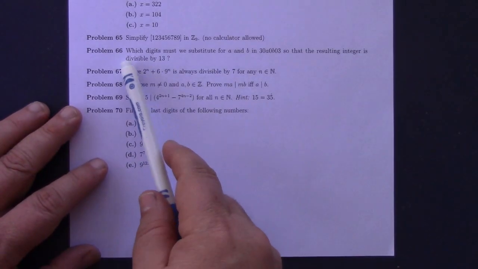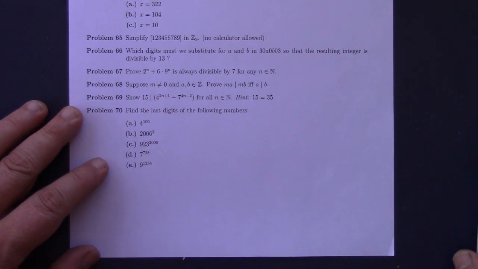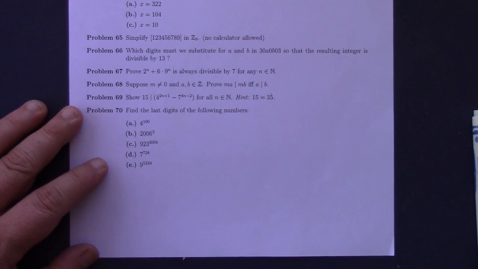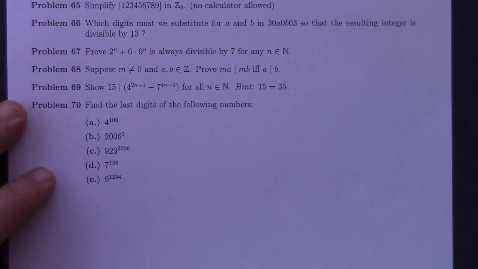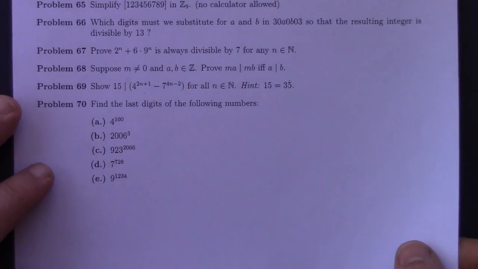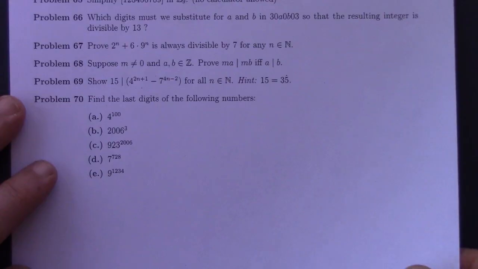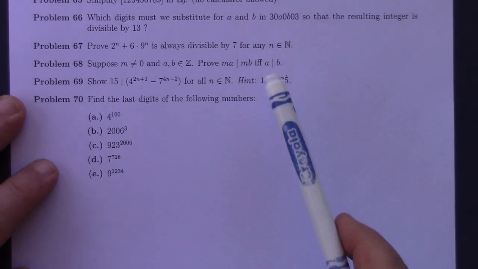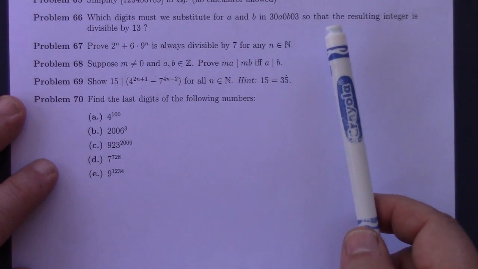Problem 66, I would say, is not that easy, but you can. I think that's the hardest problem in the homework. Maybe. I forget how many answers I found. I found multiple answers. There's not just one answer there. In principle, A and B are digits, so they have to be numbers from 0 to 9.